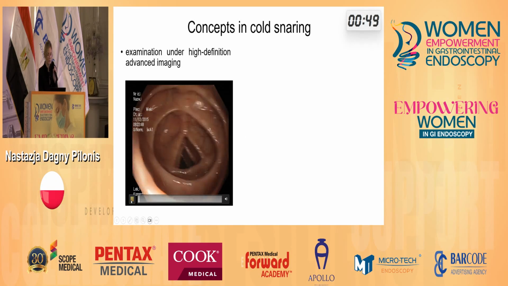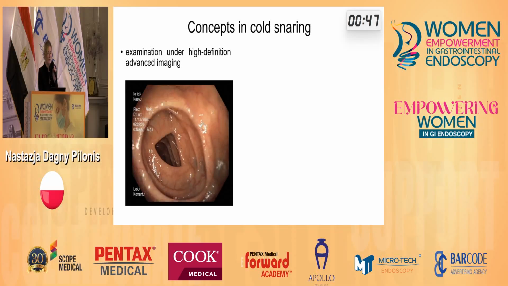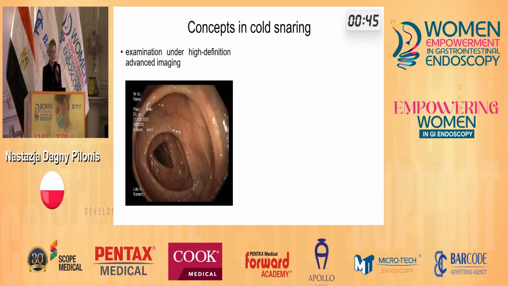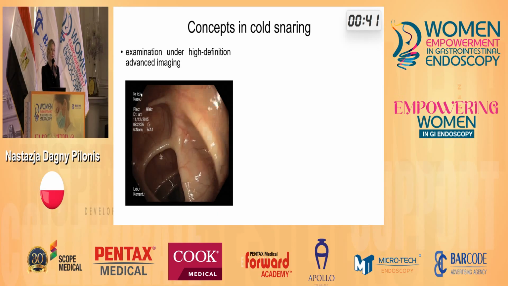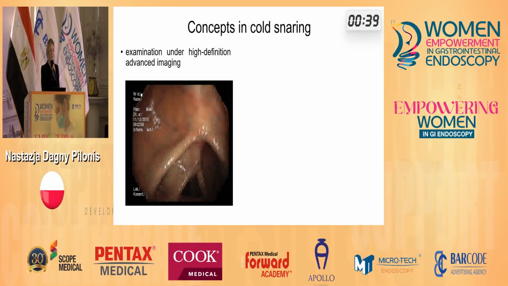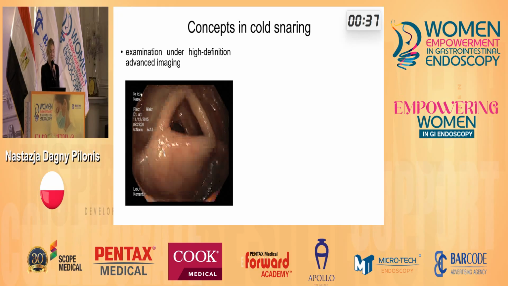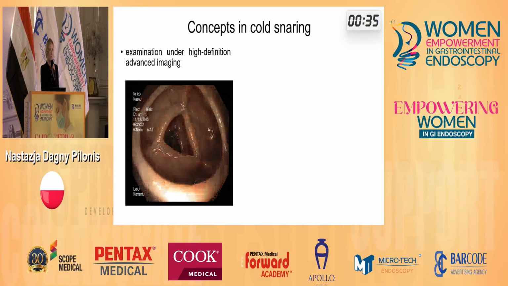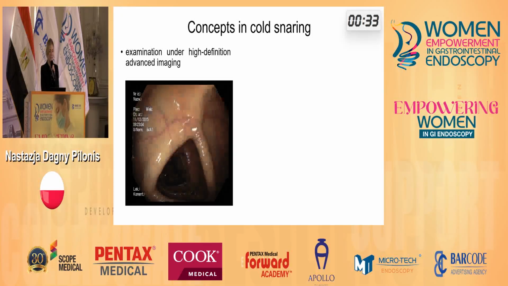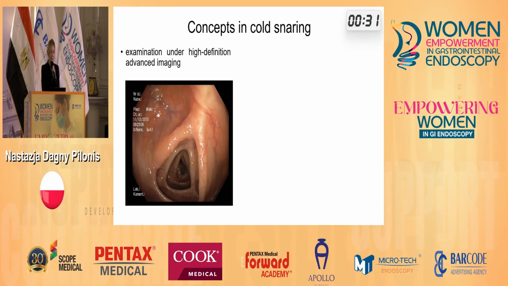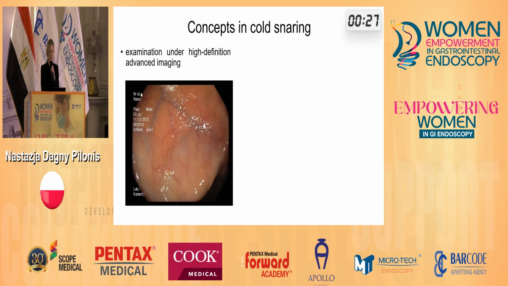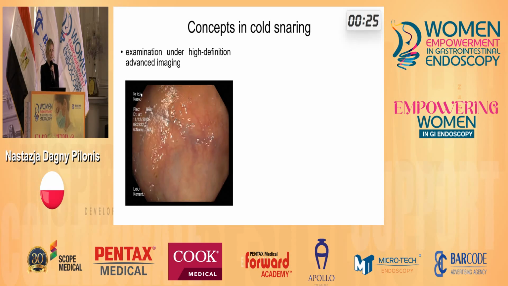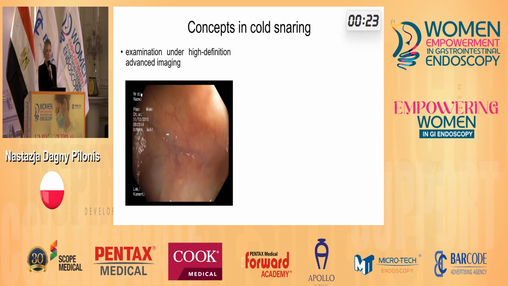Some concepts and practical tips for cold snaring. Of course, this applies to any conventional polypectomy, cold or hot, that we need to be very careful when inspecting the colon and we suspect serrated lesions. As we discussed before, they are very subtle, and we have to spend some time to find the lesion, delineate the lesion, and plan the resection accordingly.